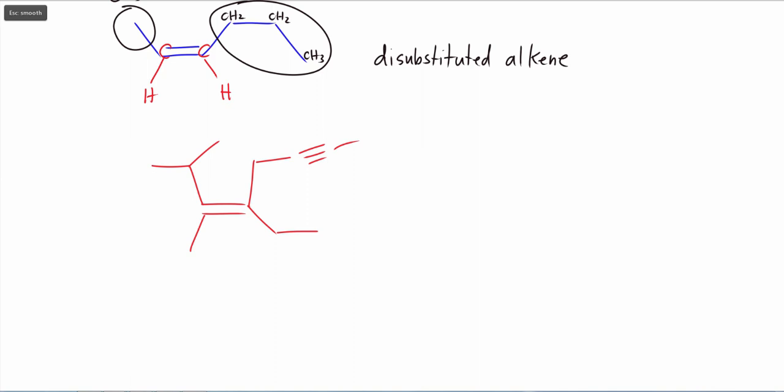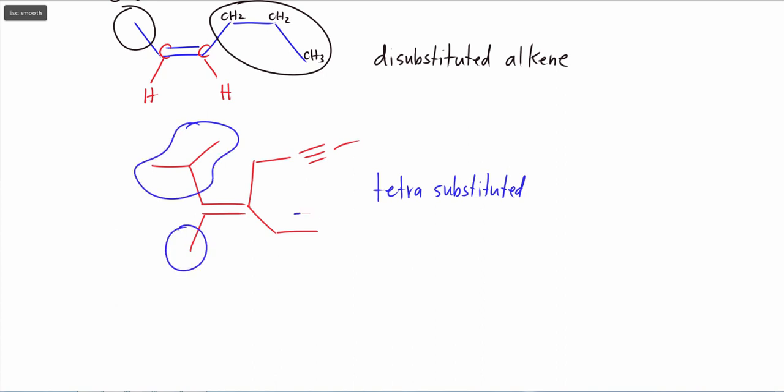So you should recognize that this is tetra-substituted. So we have this R group, this R group, this R group, and that R group. Okay?